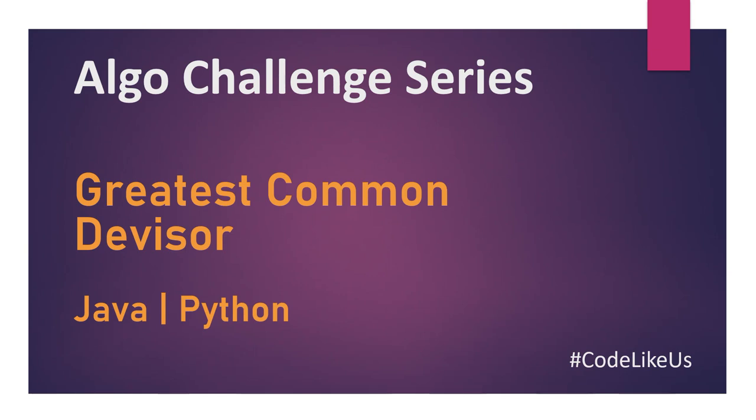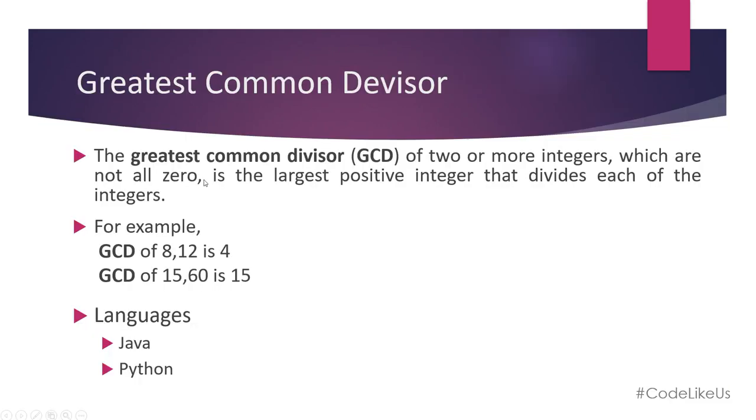So the greatest common divisor, we can search for two or more integers which are not all zero. What it means is the largest positive integer that divides each of the integers. For example, for the given 8 and 12, the highest divisible integer of these two is 4.